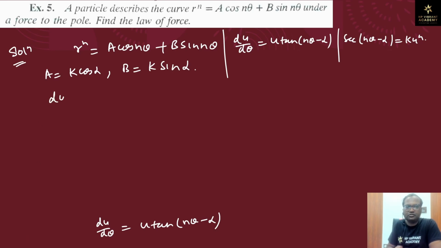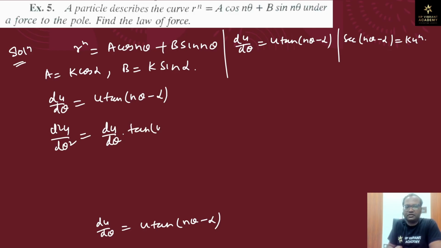So we have du upon d theta is equal to u tan (n theta minus alpha). So d2u upon d theta square is equal to du upon d theta into tan (n theta minus alpha) plus u times n into sec square (n theta minus alpha).